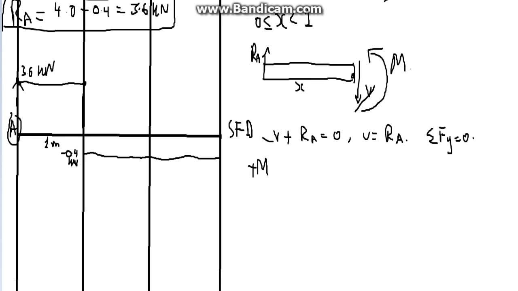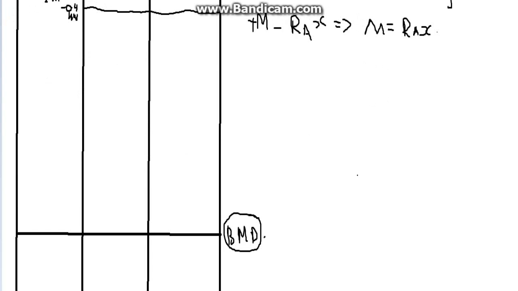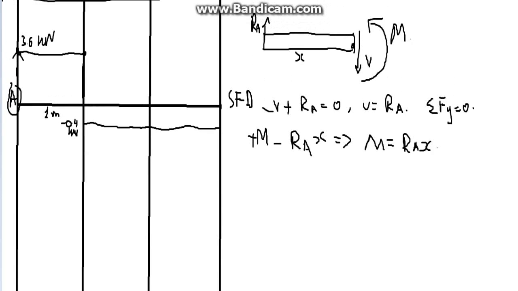So there's no V here for the moments. Then we subtract RA, because RA is going in the opposite direction to M, multiplied by the distance of x. Can you see our function coming up here, where M equals RA x? There we go, that's our first formula.